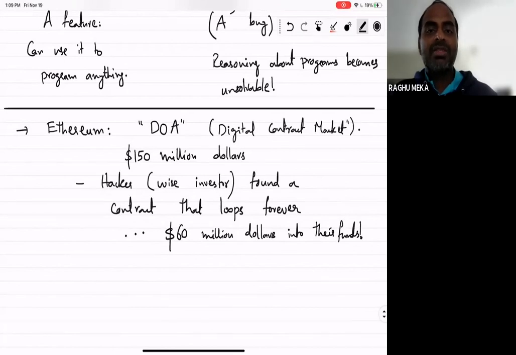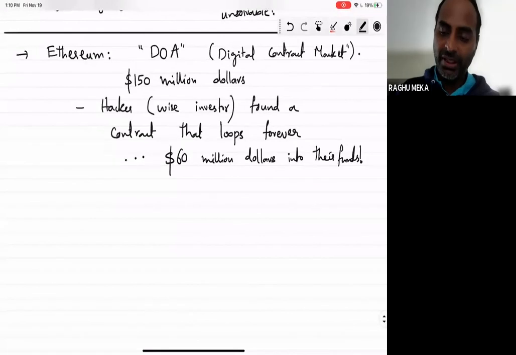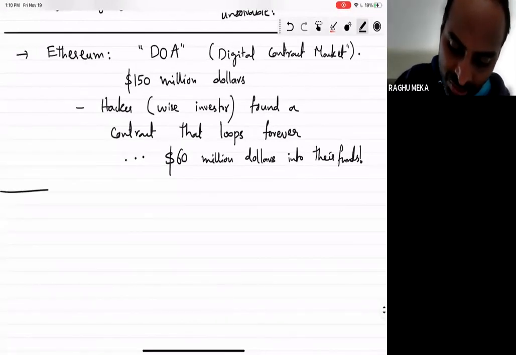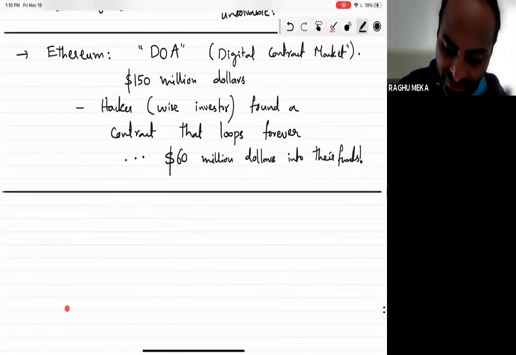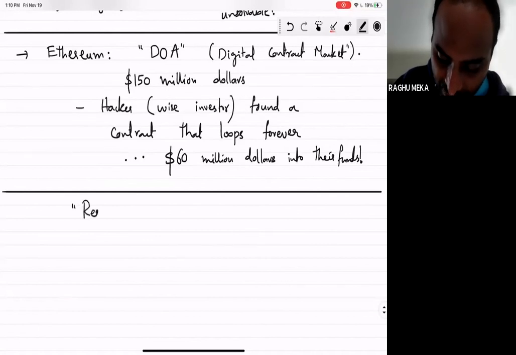One way to say is that, okay, you are not allowed to use for and while loops at all. And maybe you avoid all kinds of go-to statements and all kinds of things like that. Maybe then you can avoid it, but then are you limiting the power too much?